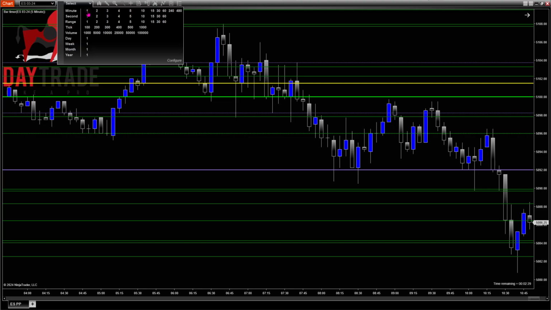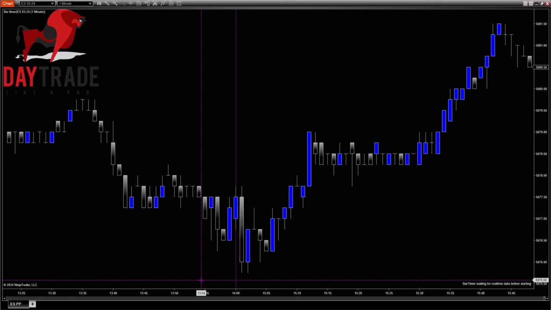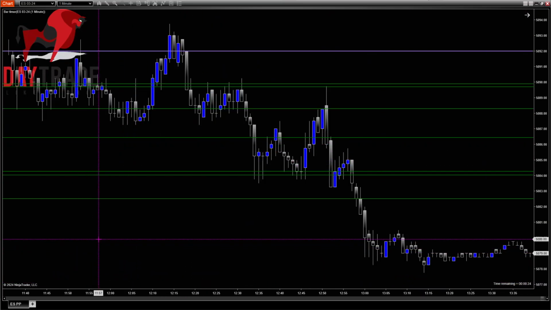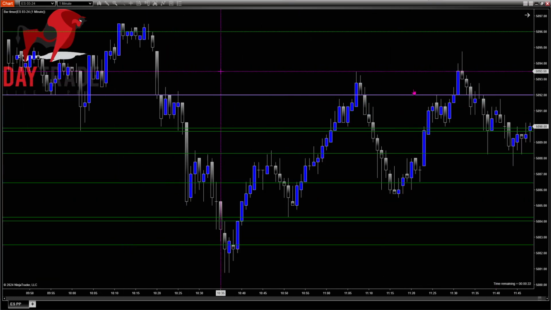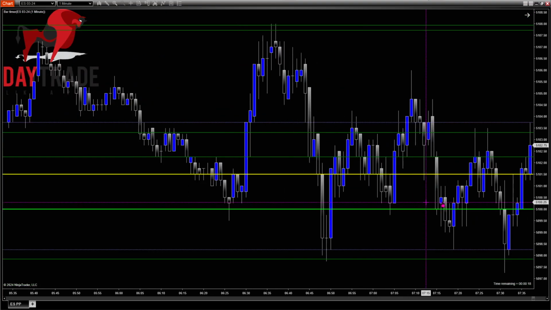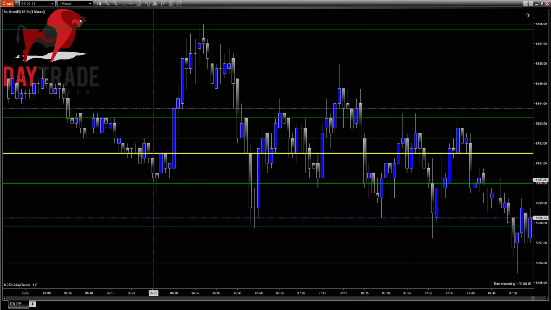So if we go look at this right here at the open, and let's just go back over here, what we can see is that it hits right here before the open. And then this is a good example on the other side. I'm not saying that we're selling this, but let's just say we were selling the yellow line.